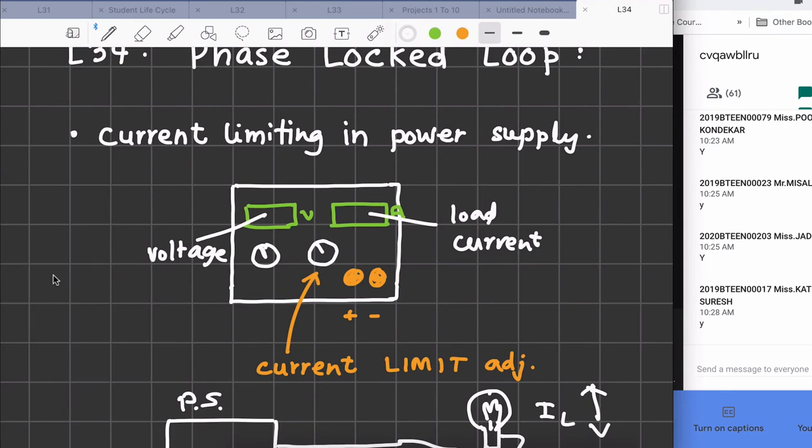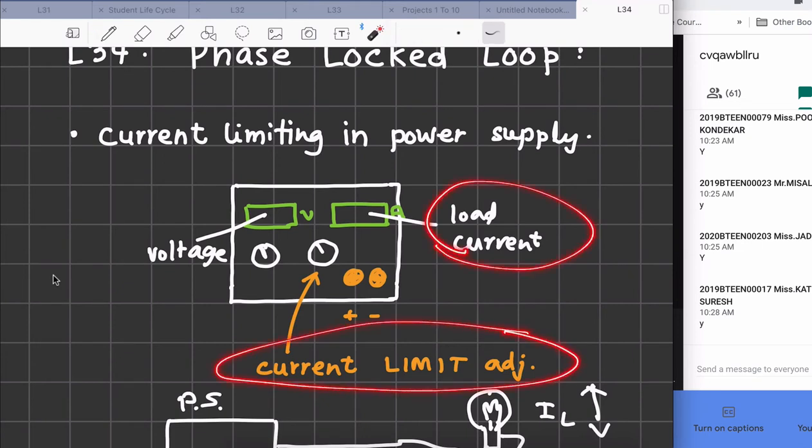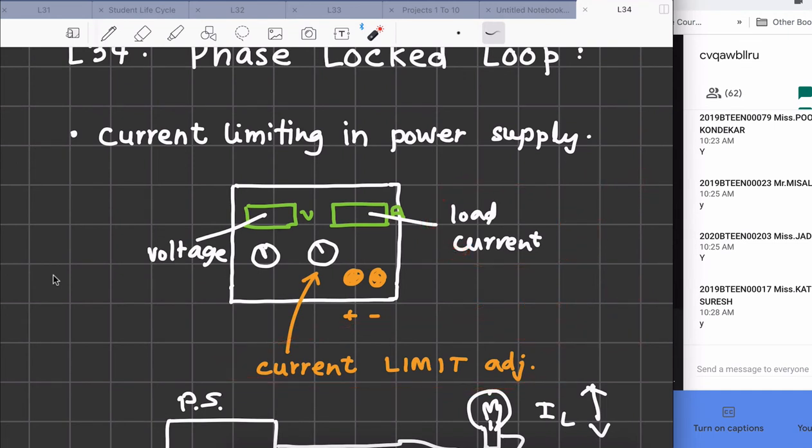Did you understand the difference between these two things, current limit and load current? Load current is decided by the load, current limit is decided by the power supply, and ultimately the user of the power supply. Okay, did you understand this?